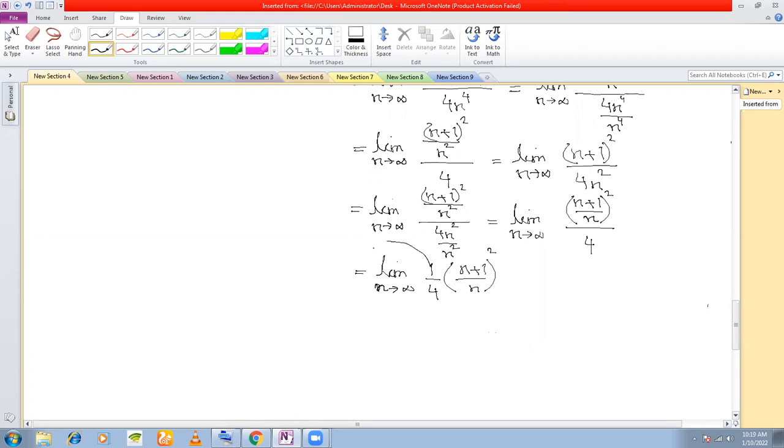Now this 1/4 you can take out of the limit, because if you remember from the limit theorems, I told you limit of k into f(x), you can take the k, the constant, out of this limit, right? K limit f(x), whatever the limit tends to, let's say x tends to a, right? So I can take 1/4 out of the limit.